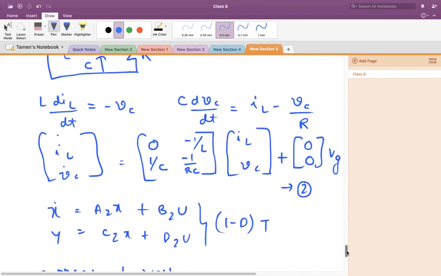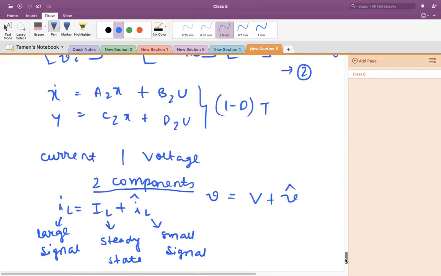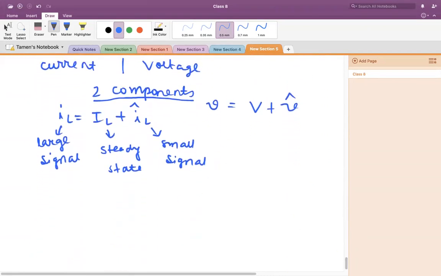Now we have to consider the variation part. The variation part is important. Before that, we know that the circuit is operating in on and off mode, right? So those on and off modes are very important.